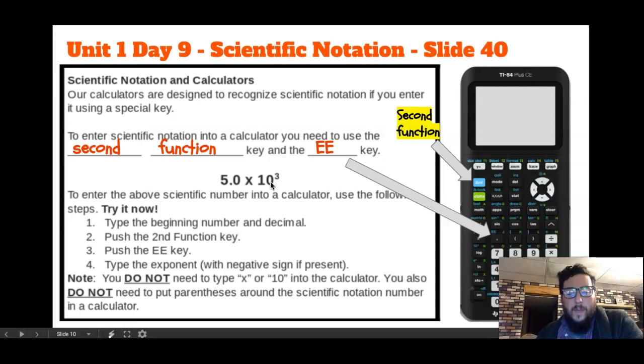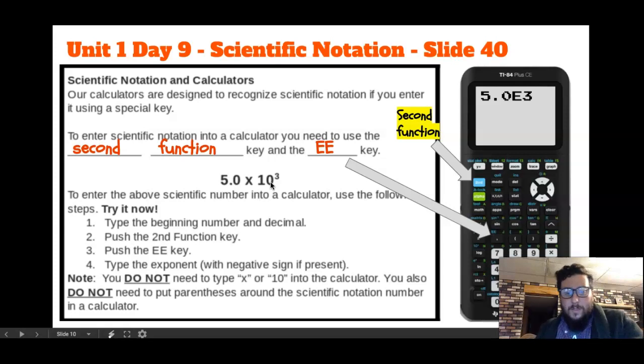But in order for our calculator to recognize it without typing out everything and without putting parentheses around everything, we can use that shortcut. We can type 5.0, second EE, and then type just the exponent, 3. That's all we have to do. So when you type it on your calculator, it'll look like this, 5.0 E3.